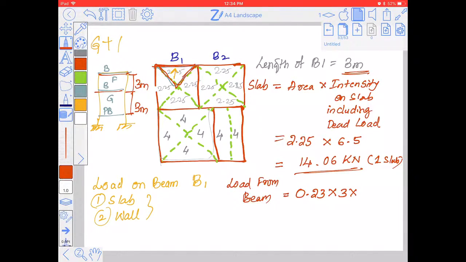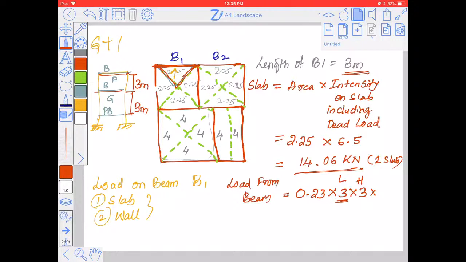The total length of this beam will be the length of wall. For one floor, it will be 0.23 into 3 into, height is also 3 meter.